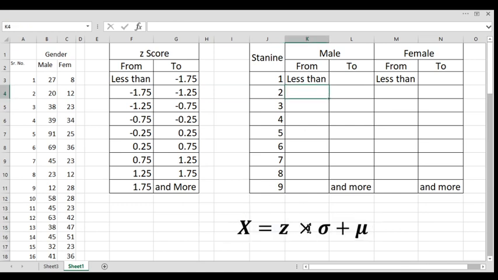Now we convert this formula into an Excel formula. We have to find X for minus 1.75 for male. For that we write here the equal sign, and Z is already given here as minus 1.75 and its cell address is F4. So we write here F4 into sigma. Sigma means standard deviation.